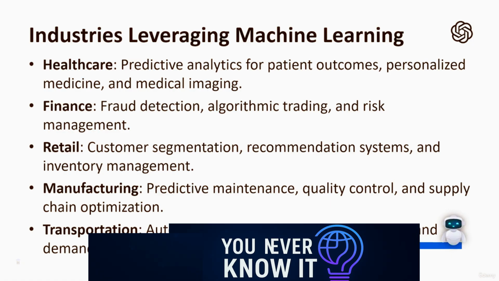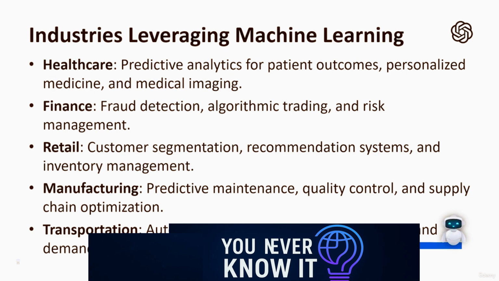Finance: fraud detection, how AI, which is one part of artificial intelligence, is going to be applied, algorithmic trading, and risk management, which apply machine learning concepts. Retail: customer segmentation, as a customer representative, chatbots, recommendation systems, and inventory management, where we can apply it, and industries are also applying these tools.